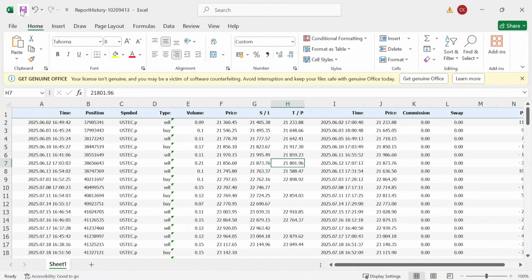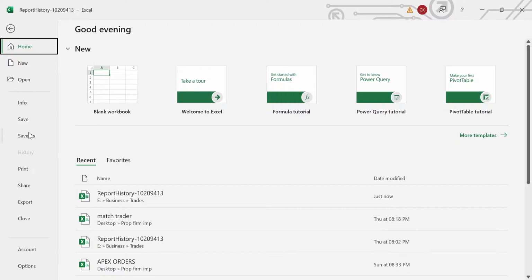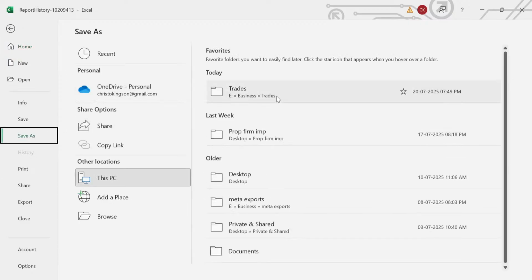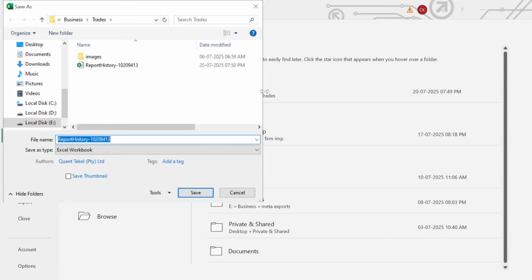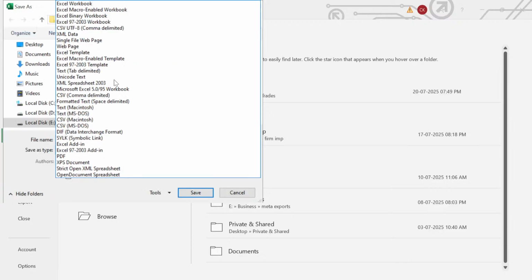Then all you have to do is go to files and do save as, and in save as type, save as CSV file. We don't have a format to import an Excel file, so CSV file is the only file that's supported.